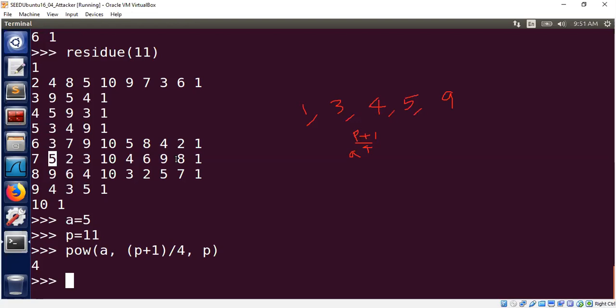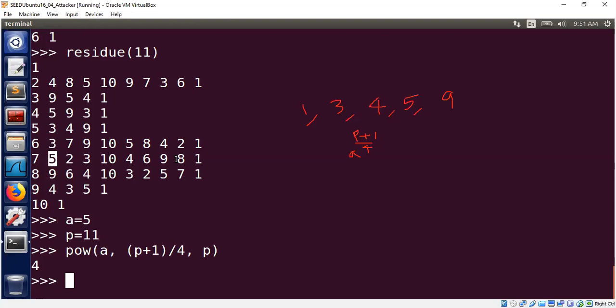For example, if you take number 5, 5 has 2 square roots, 4 and 7. And if you pay close attention to the second column, number 7 doesn't occur as part of the second column. What it means is that 7 cannot be represented as a power of 2. Only 4 can be represented as a power of 2 in this group Z star 11.